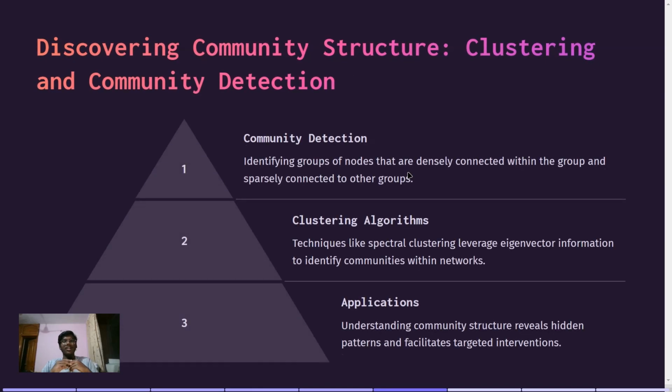Discovering community structure: clustering and community detection. Community detection identifies groups of nodes that are densely connected within the group and sparsely connected to other groups. Clustering algorithms: techniques like spectral clustering leverage eigenvector information to identify communities within the network.